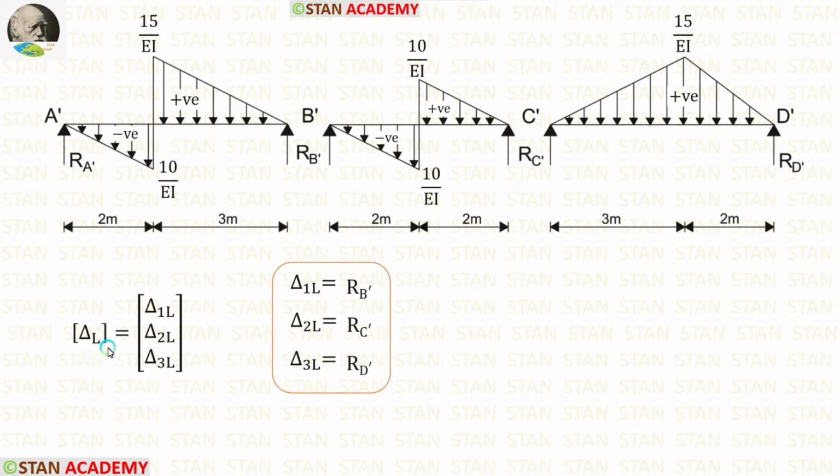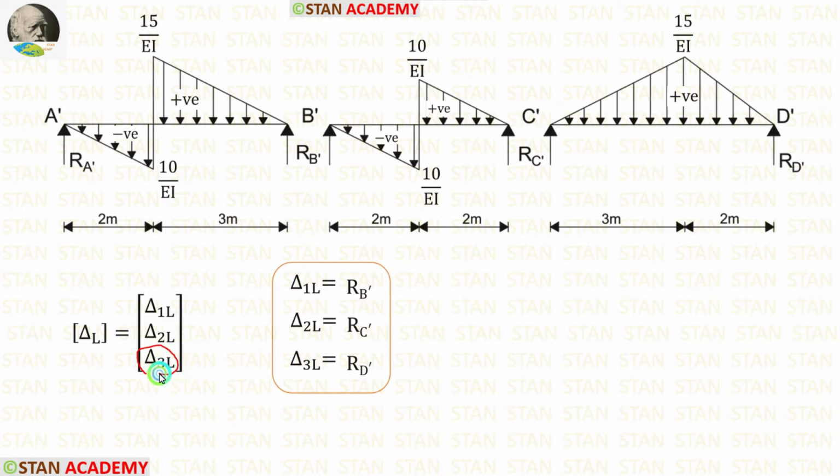Now let's see how to calculate delta L matrix. In the delta L matrix, we have to find three values. Delta 1L should be calculated from the first coordinate, that is in the point B dash. Delta 2L should be calculated from the second coordinate, that is in the point C dash.